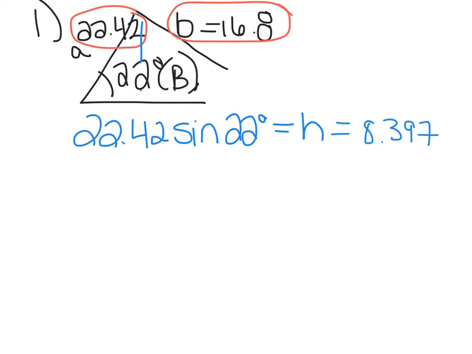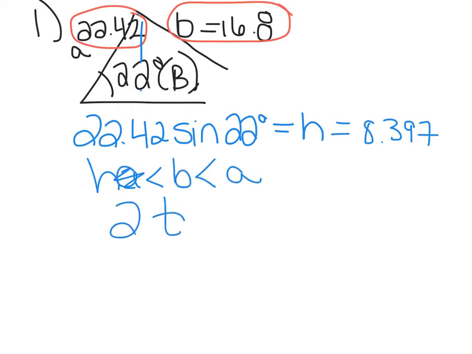Since side B is bigger than the height, but smaller than side A, so H is less than B is less than A, I'm going to have two triangles. So this is the ambiguous case, and it's case 4.